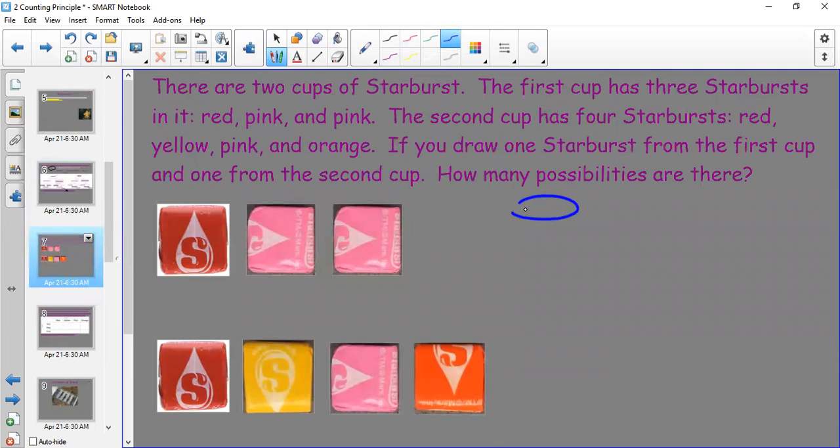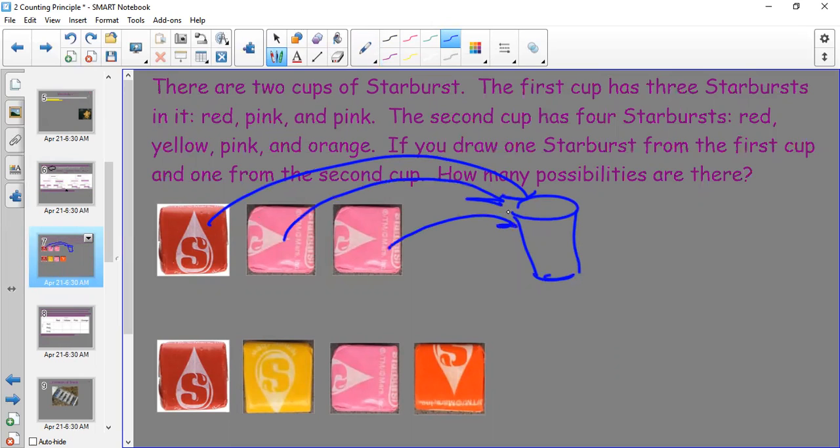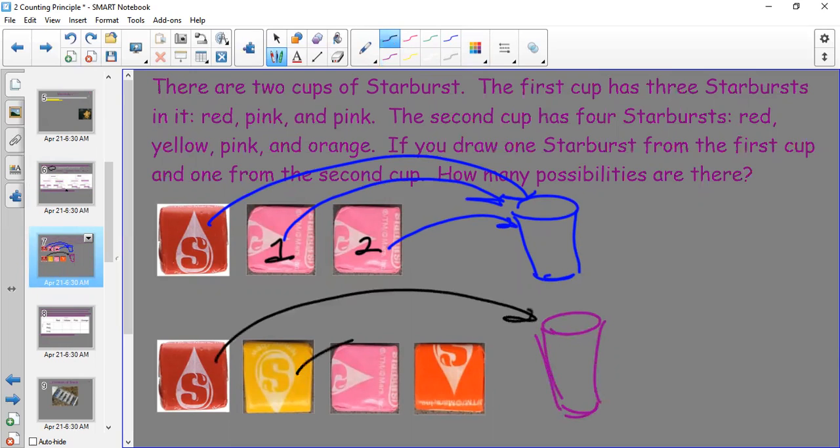All right, so imagine we have a cup here, and in this cup is one red, one pink, and one pink. Now the pinks are different, so we'll call them pink 1 and pink 2. And then in the second cup, we have one red, one yellow, one pink, and one orange.